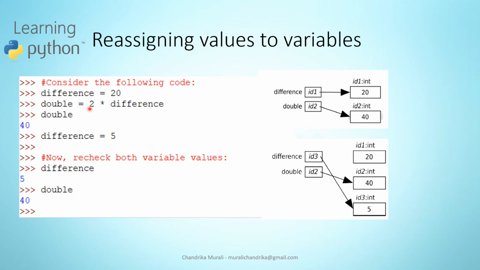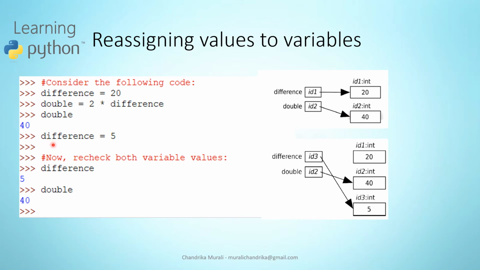Then double is equal to 2 into difference. Double means 2 into difference. The difference value is 20. 2 into 20 is 40, and that 40 is calculated and stored in another memory location ID2, and double is pointing to ID2. Now I have difference equals 20, double equals 40.